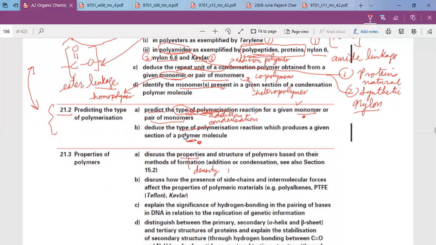Soft lenses or hard lenses. And of course here the side chains, because of cross-linking afterwards. We will talk about cross-linking, hopefully if time permits. Cross-linking makes the polymer harder.